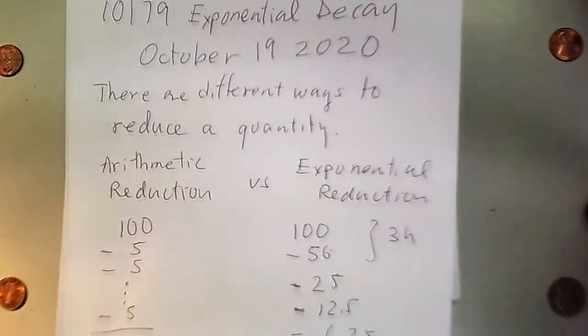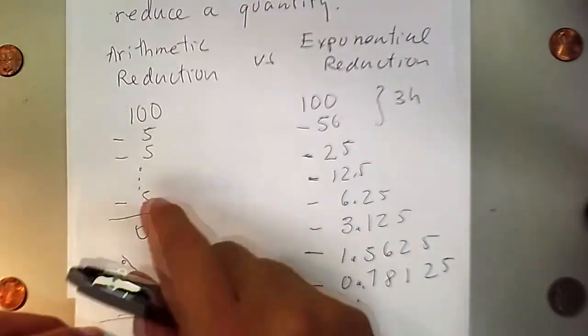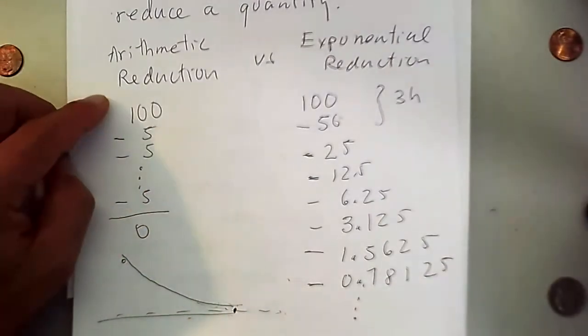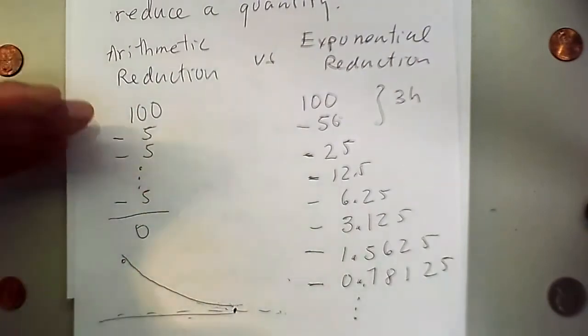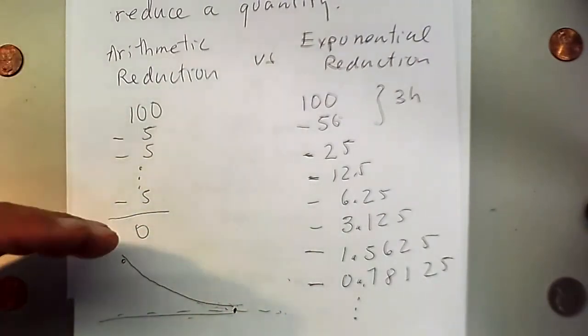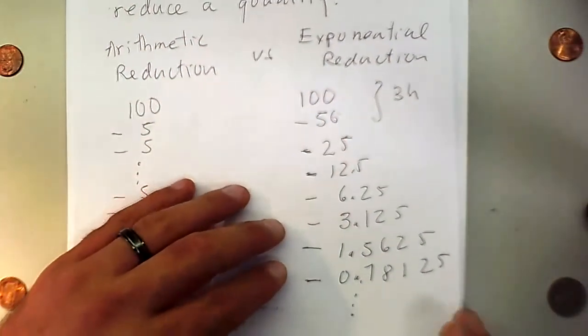Again, the one thing I want to emphasize is please distinguish between arithmetical decay, where you take away the same amount, versus, no, I'm sorry, I misspoke again.